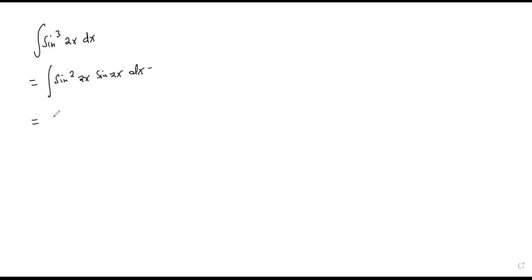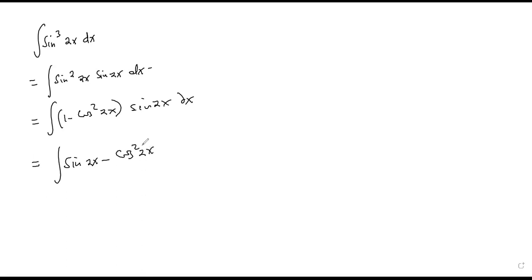Here, sine squared is the same as 1 minus cos squared 2x, and then sine 2x, everything dx. So it is going to be the integral of sine 2x minus cos squared 2x sine 2x, everything dx.